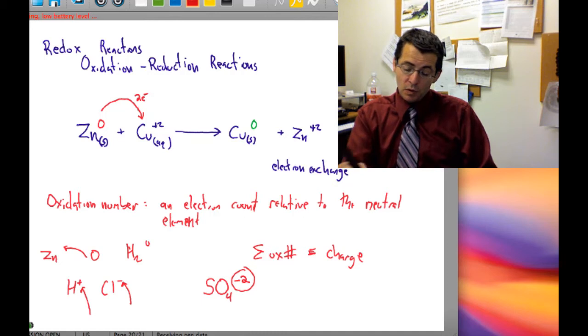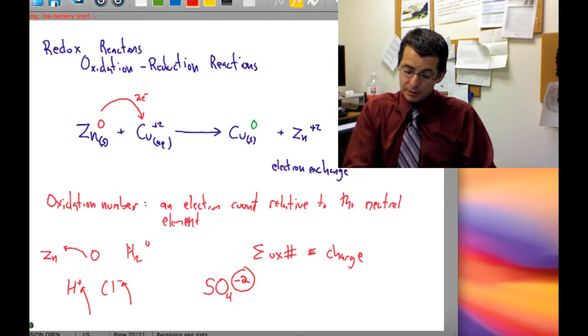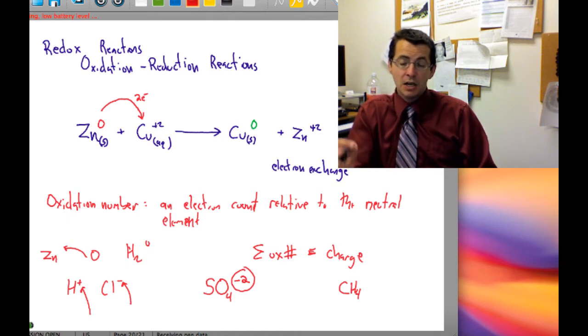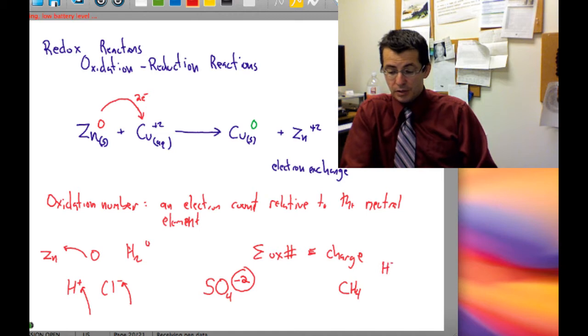Usually, when we see a covalent compound, we can base the assumption on the oxidation number based on a number of simple facts. Typically, hydrogen is a +1 oxidation number when it's bound in a covalent molecule.